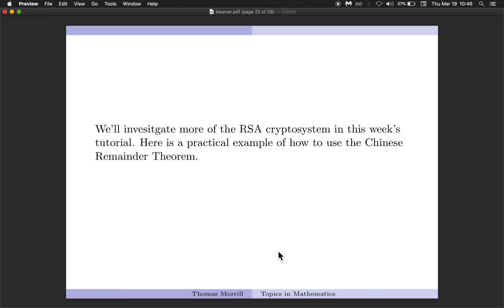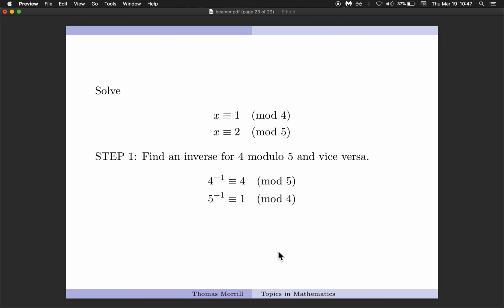So for the rest of this lecture, I'm going to talk about the Chinese remainder theorem, which is a tool that we can actually use to solve congruences ourselves, either by hand or with a calculator. So this is material that will be appearing on next week's quiz. Let's take a system of congruences.